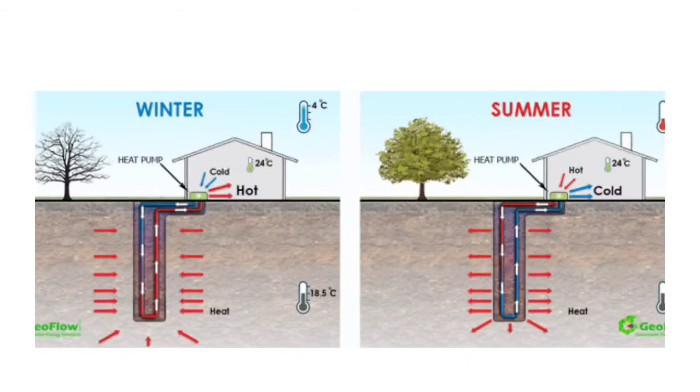Now this heat pump will pass it to the secondary circulation, which eventually brings down the temperature of the building, all right. Again, the heat will be collected from the building, and it will be passed to the soil, all right.